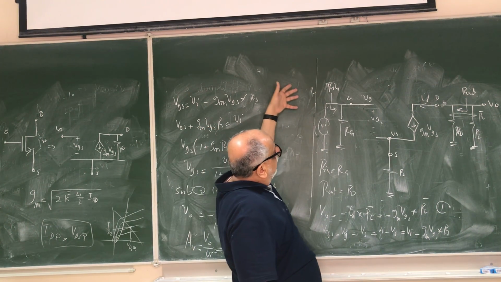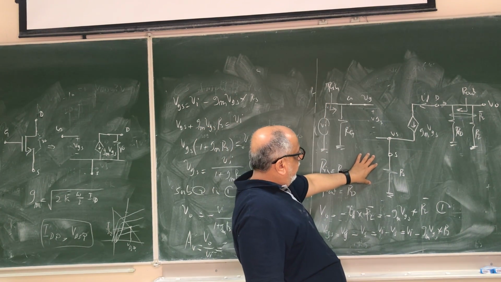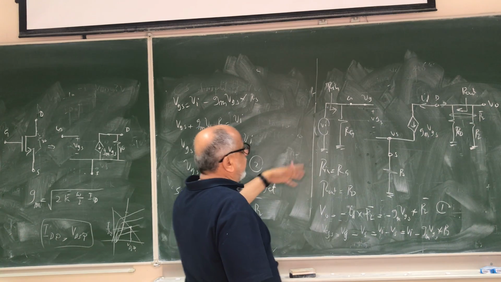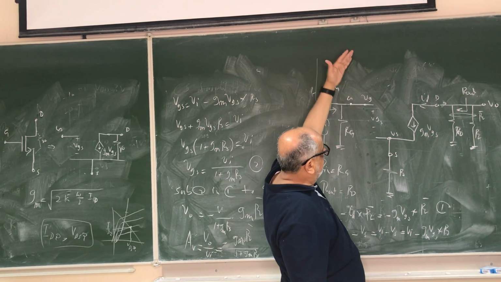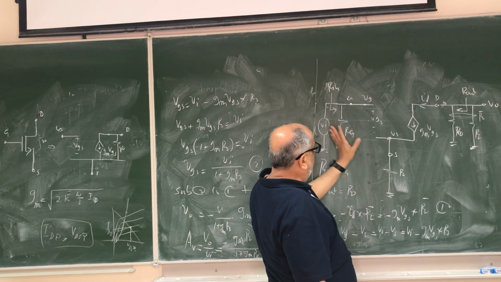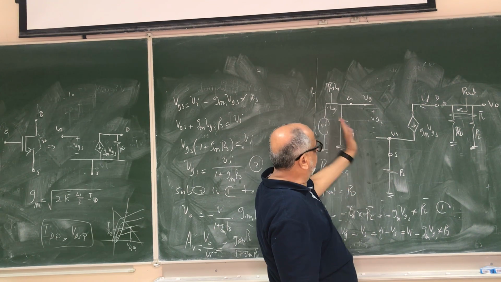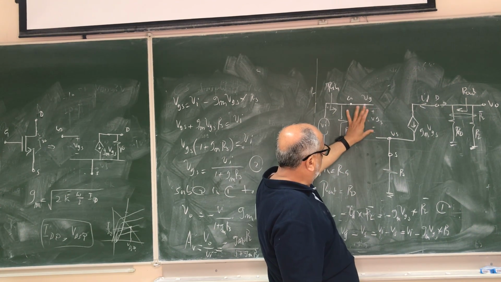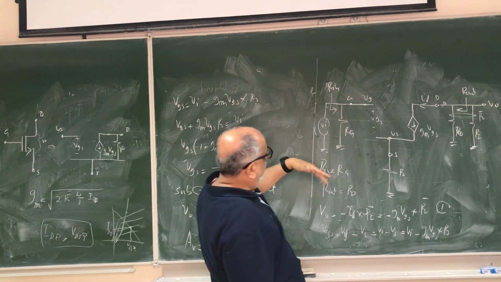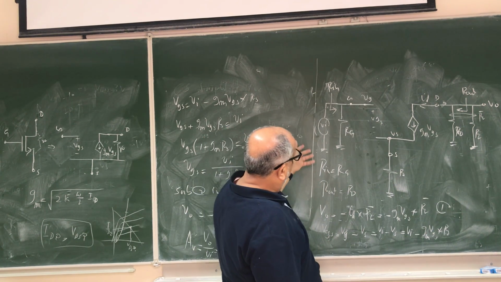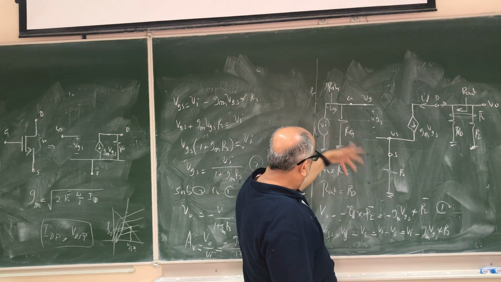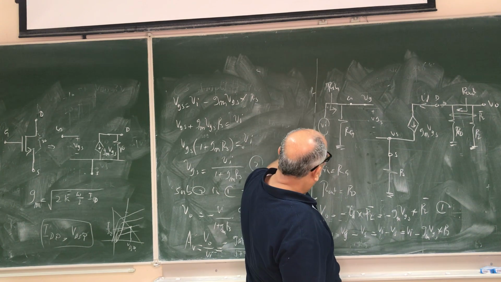Now, the effect of RS here: it will stabilize the bias point, because if there is a variation in VDD, this will act as a negative feedback and it will reduce the variation in VGS. So that is one. The second one, it will increase the input range for VI, so we can increase VI.